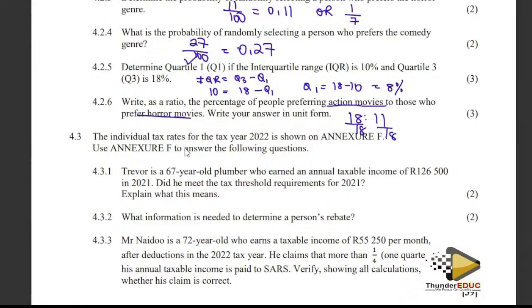I don't want to change the format, because most people would divide through by the smallest number. No, we will leave it that way. So 18 divided by 18, you remain with 1. 1 to 11 divided by 18, you end up having 0.611.